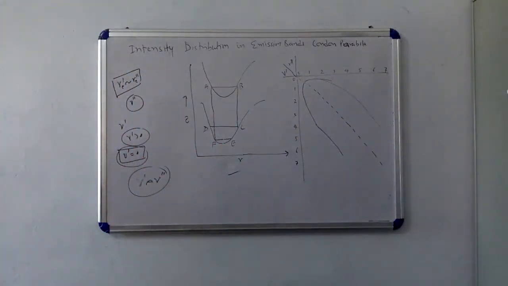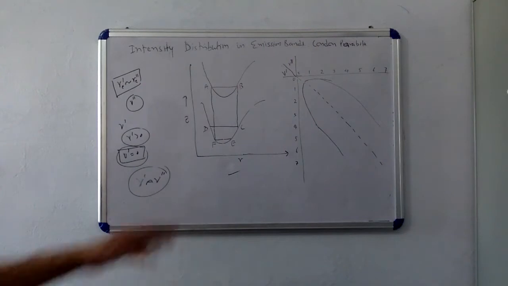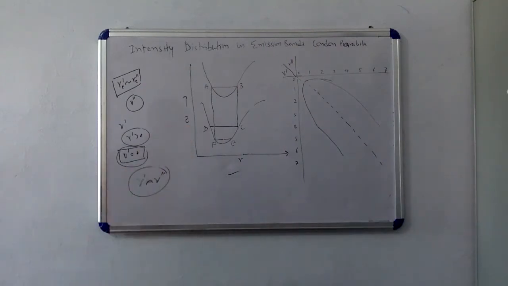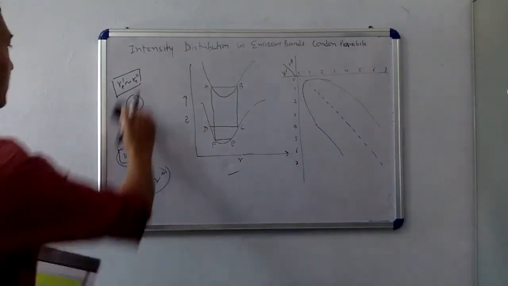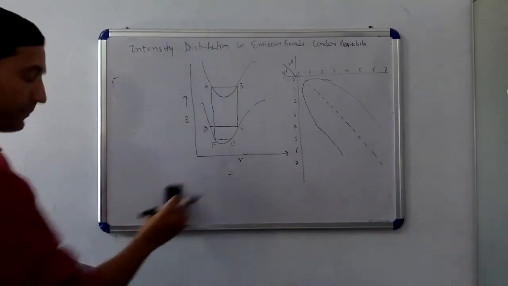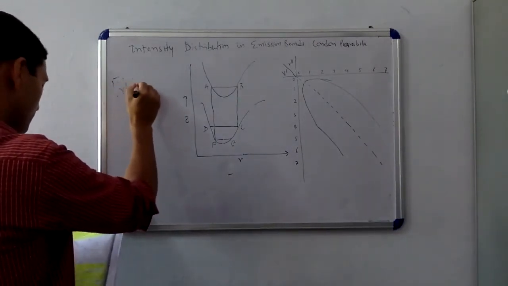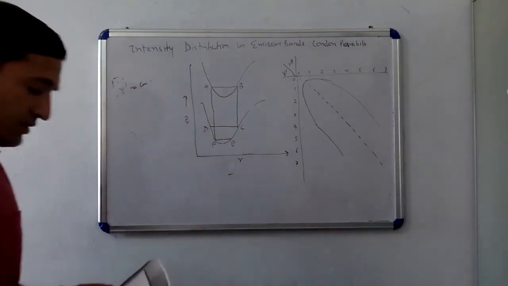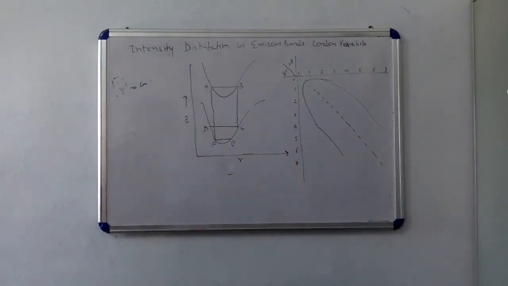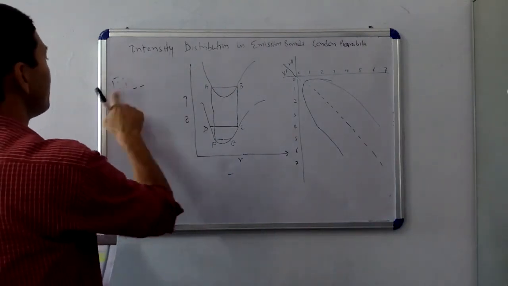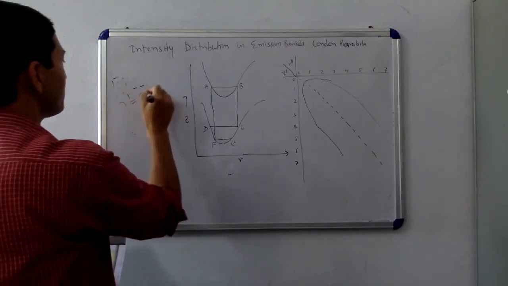So in the case concluded in this figure, for a given progression, nu prime is equal to 0, constant. If nu prime is equal to constant, the separation of the two intensity maxima, and therefore the width of the Condon parabola, increases with increasing r.